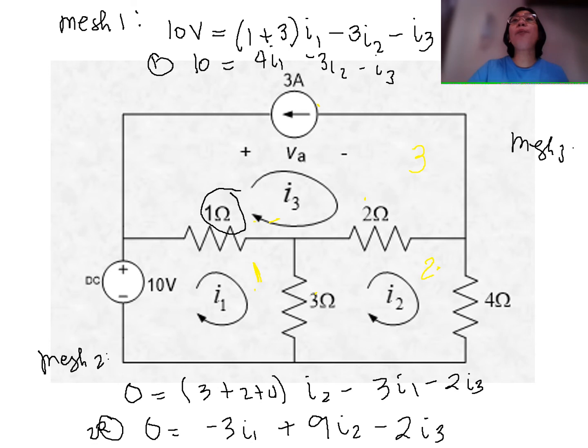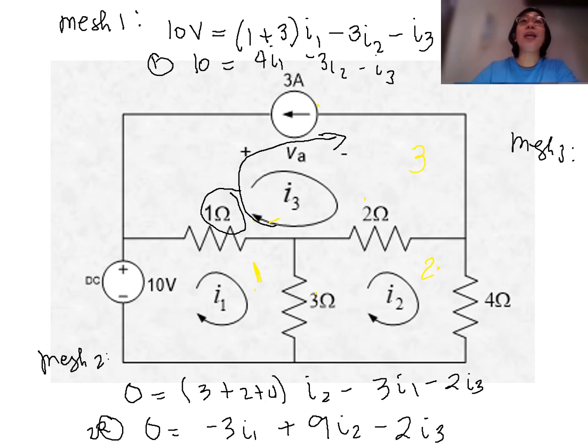Actually, mesh number 3 is the easiest because we find a current source that is directly connected at mesh number 3 and only mesh number 3. So whatever current your I3 is flowing here, that will be equivalent to your current source here.